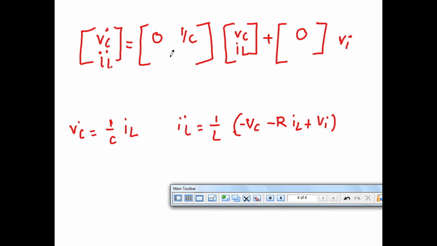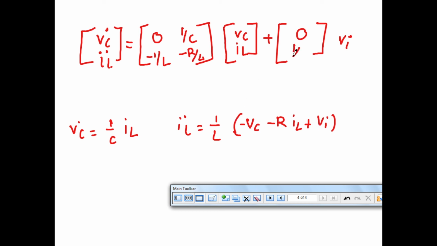For IL dot, the coefficients are minus 1 upon L, multiplied with minus R by L into IL, plus now this term is left, Vi by L, that is 1 upon L.